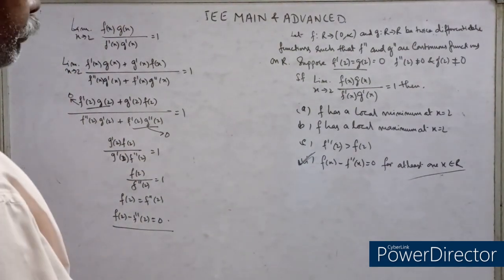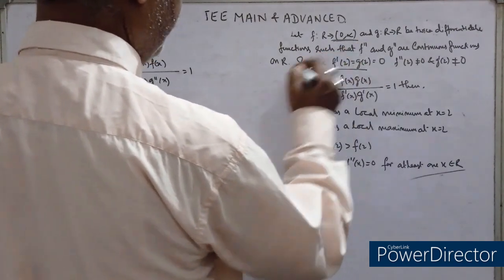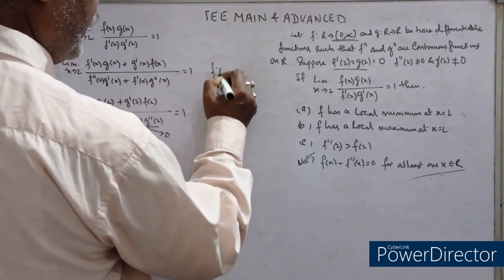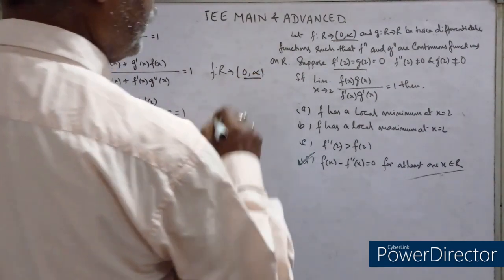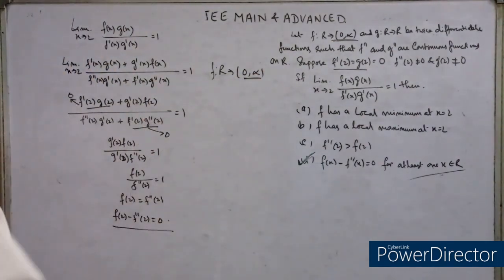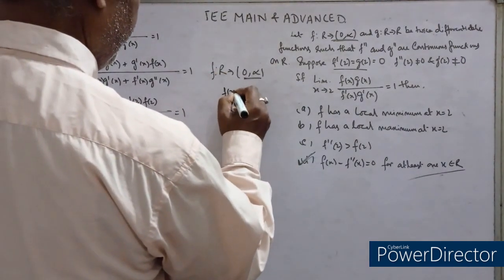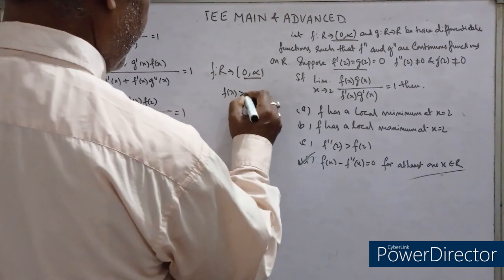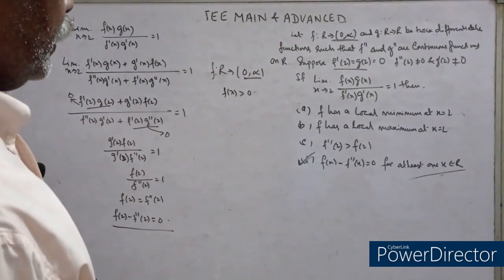Now my domain, my codomain, it is f such that R 0 to infinity. Here you see my codomain, it means its value is positive, that means your fx is greater than 0. This means your f dash is greater than 0.